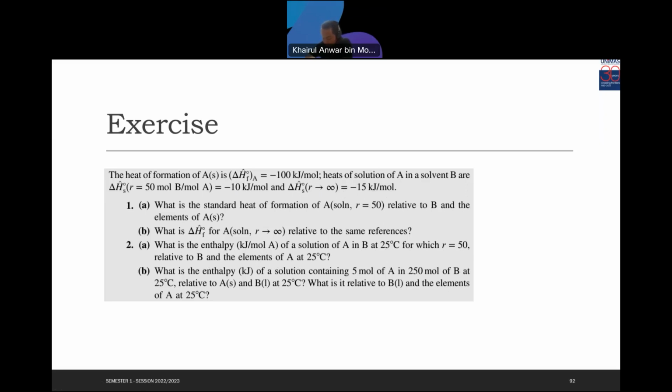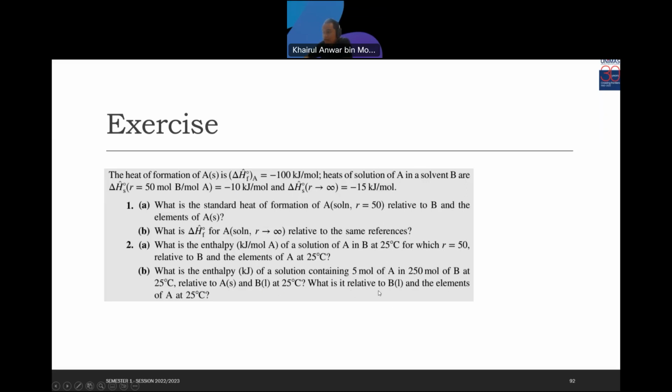So the enthalpy of solution A in B is equal to negative 110 kilojoule per mole A. 2b. What is the enthalpy of a solution containing 5 mole of A in 250 mole of B at 25 degrees C relative to A solid and B liquid at 25 degrees C?